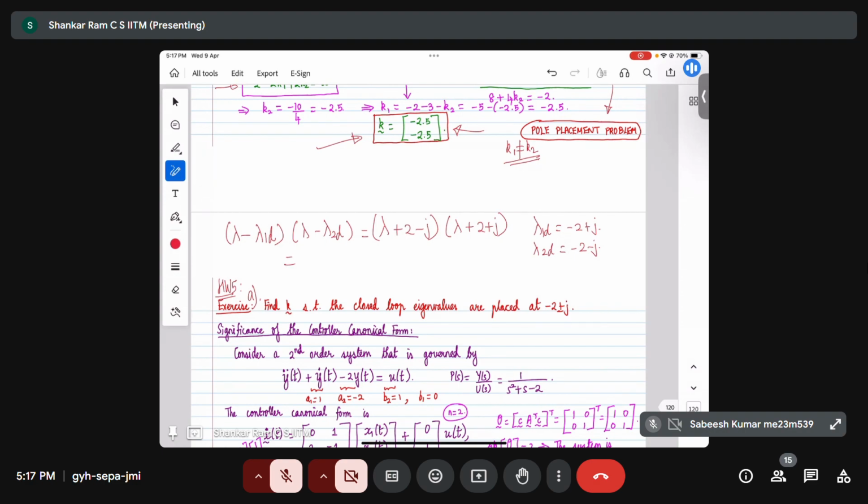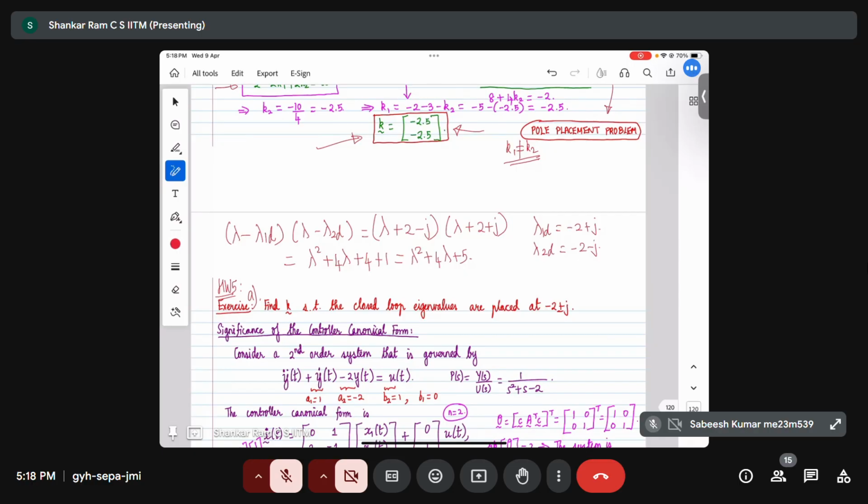Lambda squared plus 4 lambda plus 4, minus j squared, so it becomes plus 1. You will get lambda squared plus 4 lambda plus 5. Correct? If you expand, you will get this as the answer.